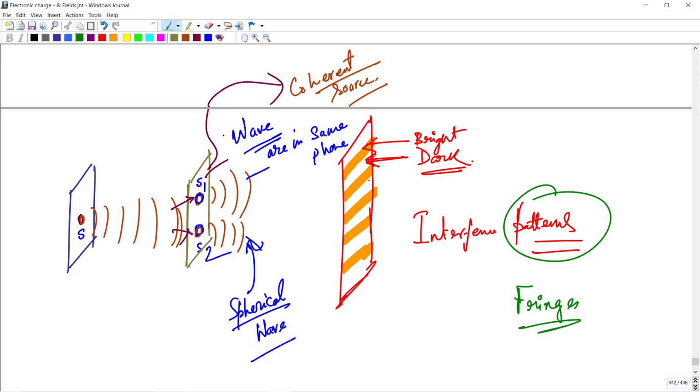A bright spot is a bright fringe, and a dark spot is a dark fringe.